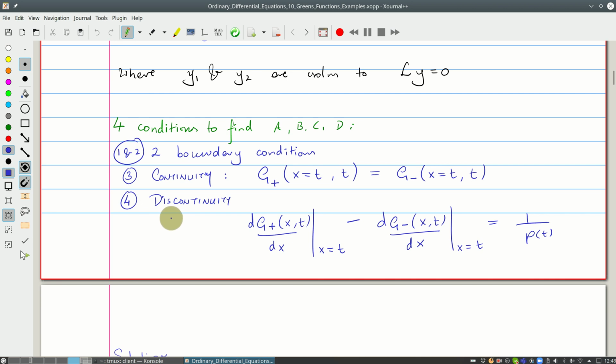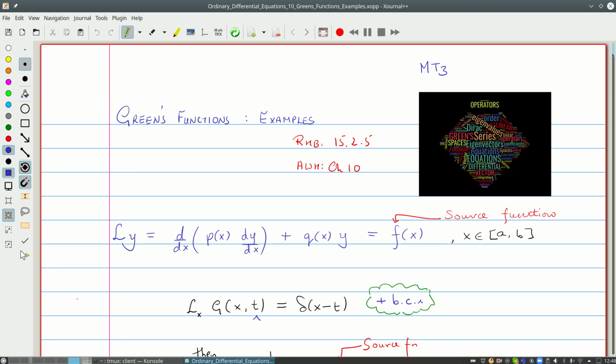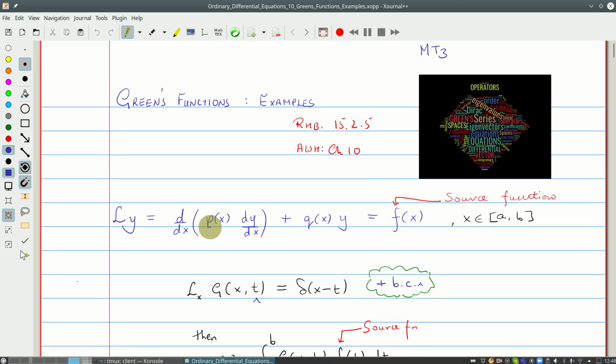And then we have a fourth condition, which is a discontinuity condition, which says that the derivative of g plus with respect to x at the point x is equal to t, minus the derivative of g minus with respect to x at the point where x is equal to t, is equal to 1 over p of t, where p is the function in our linear operator.